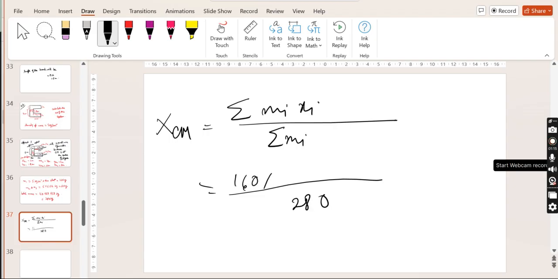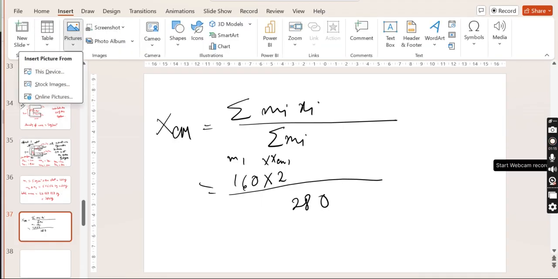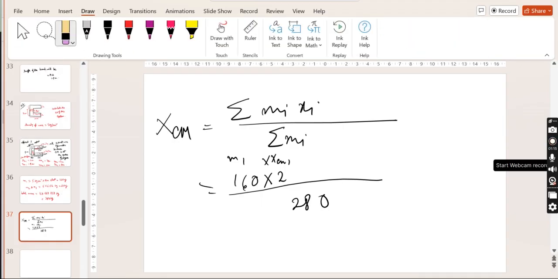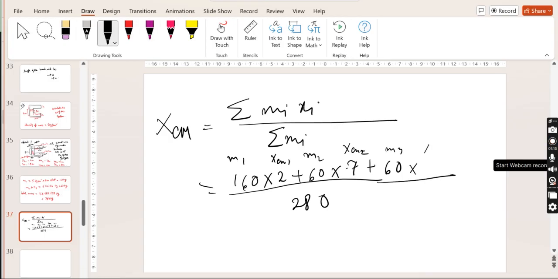So this is 160 into 2, this is M1 and XCM1, plus 60 into 7, that is M2 into XCM2, plus 60, M3 into XCM3, that is 7.